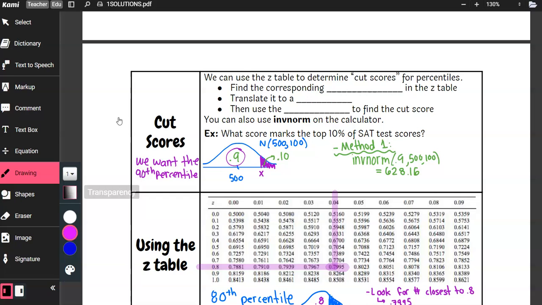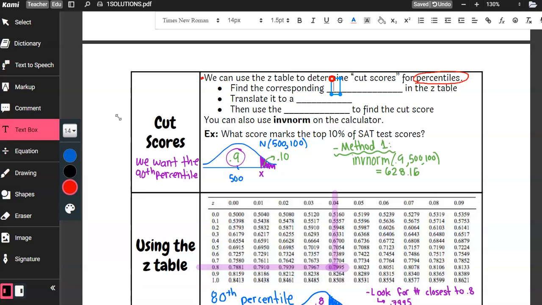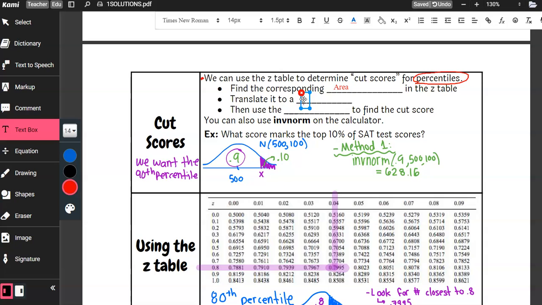So it says we can use the Z table to determine cut scores for percentiles. So you're going to find the corresponding area in the Z table, translate it into a z-score, and then use the formula to find the cut score.